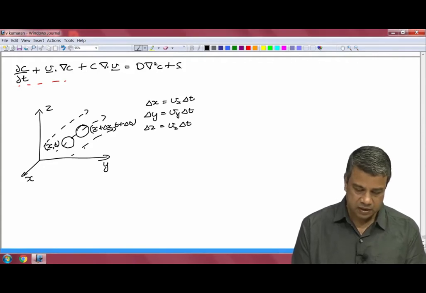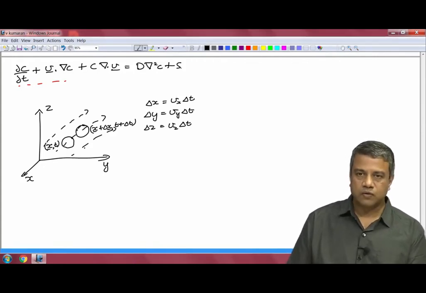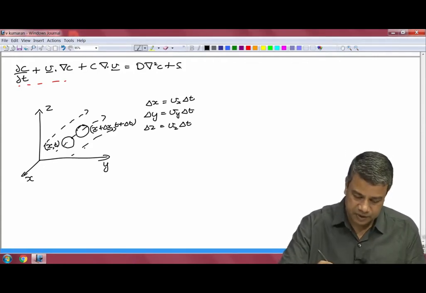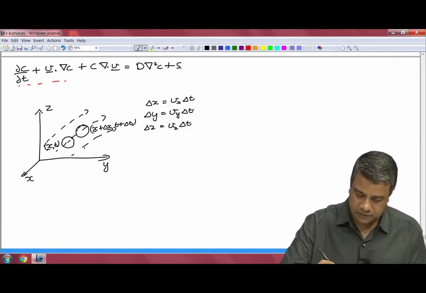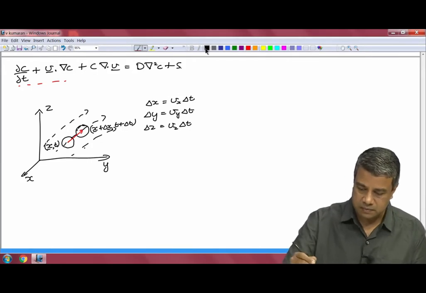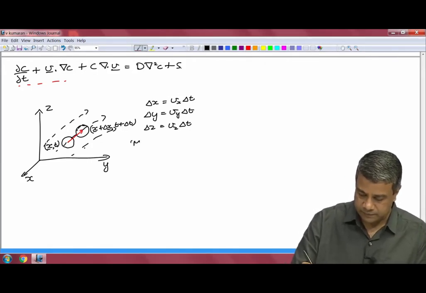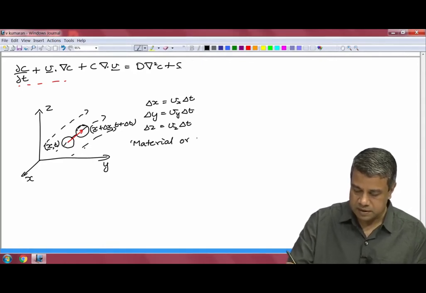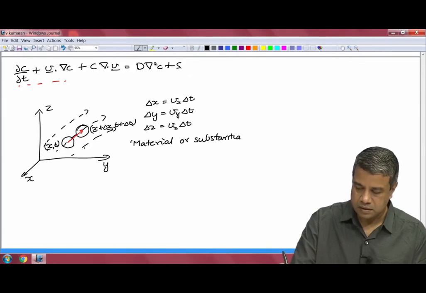The derivative of a quantity moving in this reference frame is what is called the material derivative or substantial derivative.